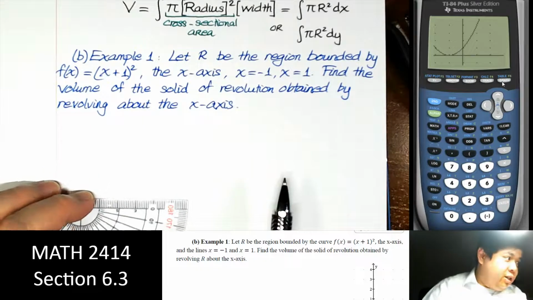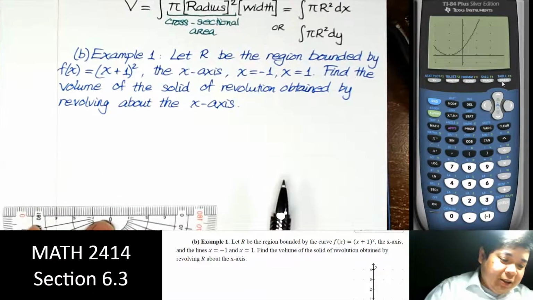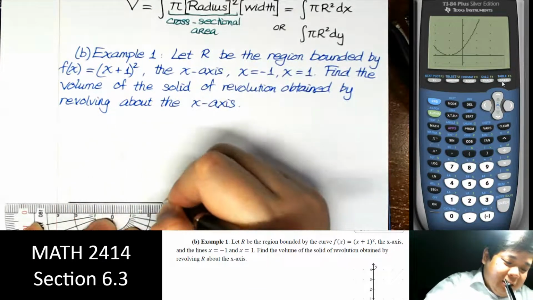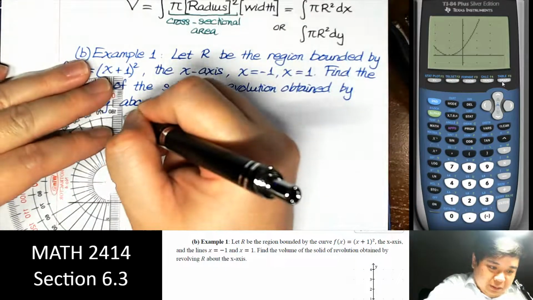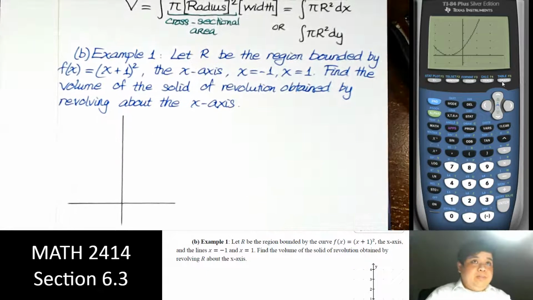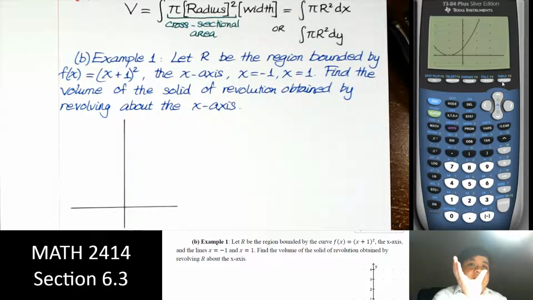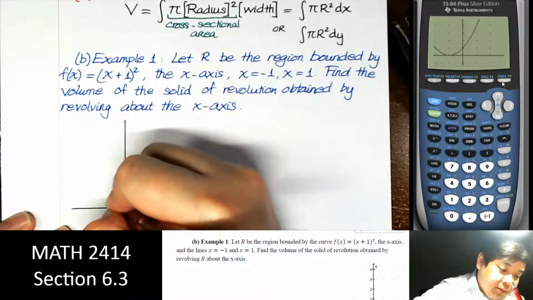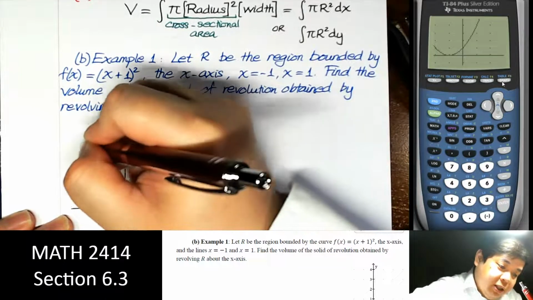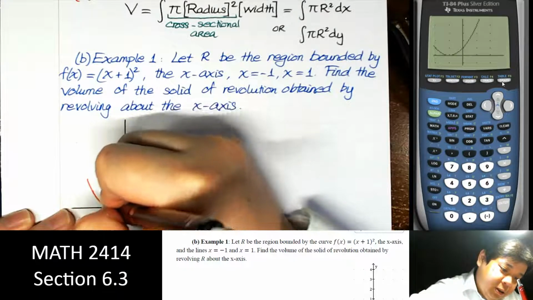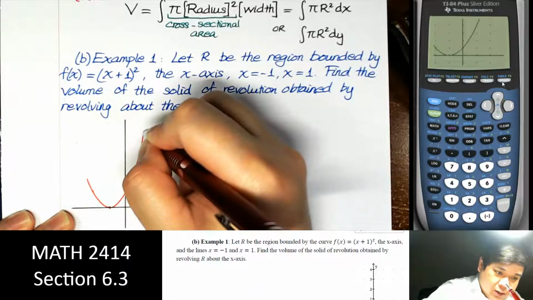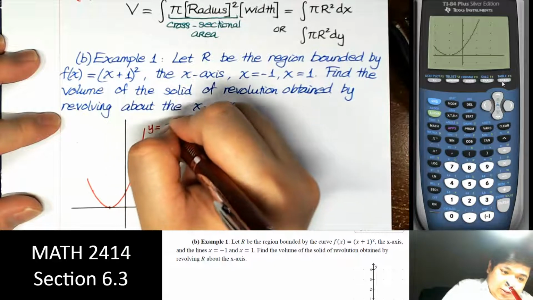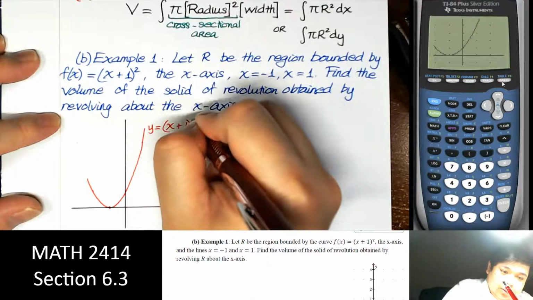Originally we have x squared, and x plus 1 squared moves 1 unit to the left, meaning that we have the parabola like that.